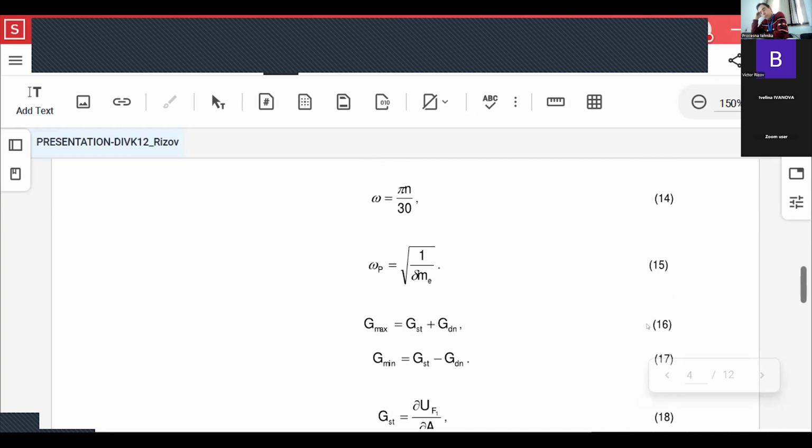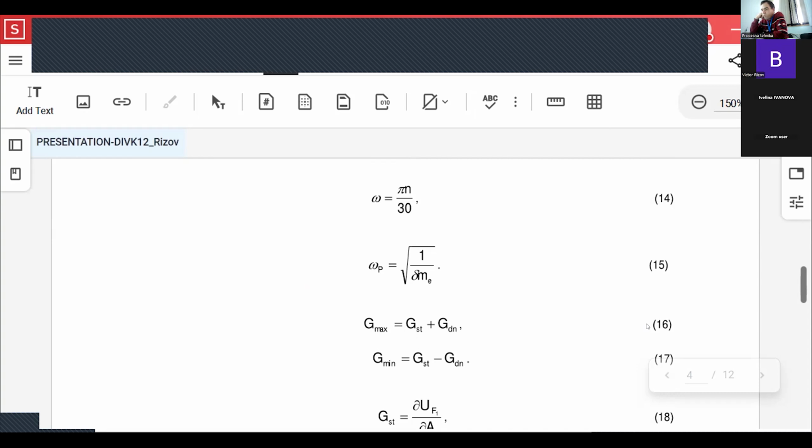The harmonic load acting on the frames is induced by a motor placed in section D3 of the horizontal member of the frames. The maximum and minimum strain energy release rate induced by the harmonic load are given by equations number 16 and 17.